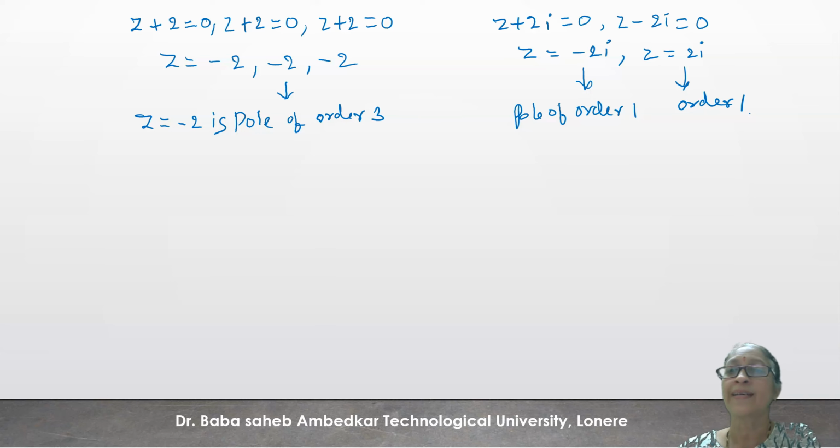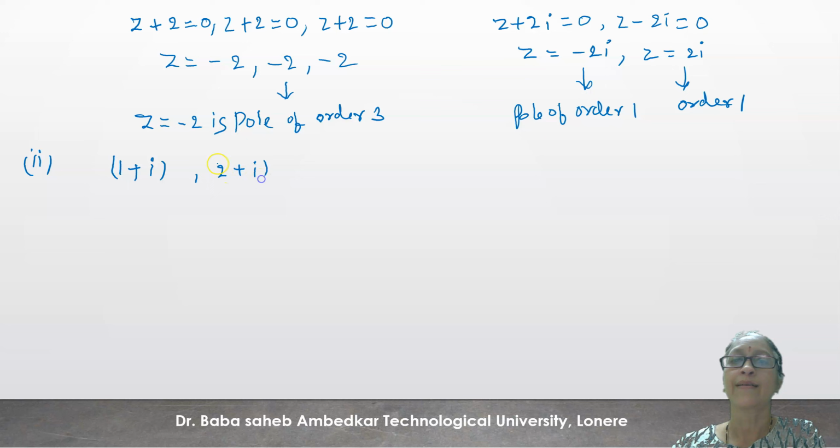So after finding these poles, what to do next? Observe the given curve. The given curve is a rectangle. So how do you get that rectangle? Plot it. What are the vertices here? 1 plus i and 2 plus i.